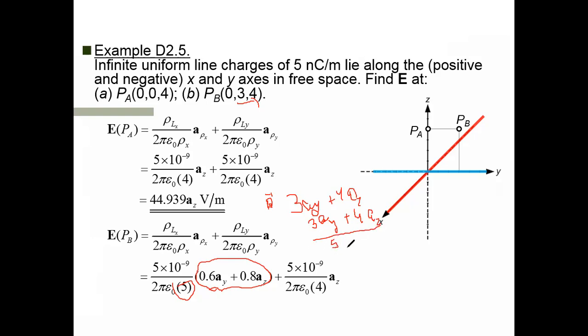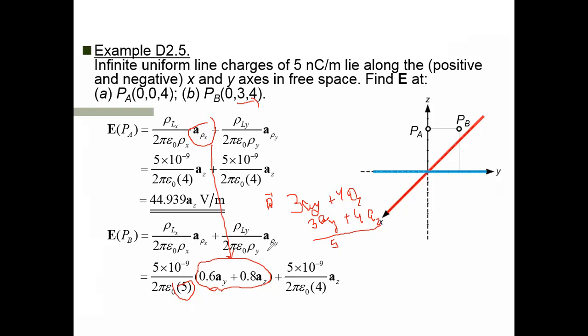So we will write 3 by 5, which is 0.6 a y, and 4 by 5, which is 0.8 a z. And here, of course, we are writing the magnitude, that is rho x, so that is 5. This part corresponds to this part. Are you getting the point?